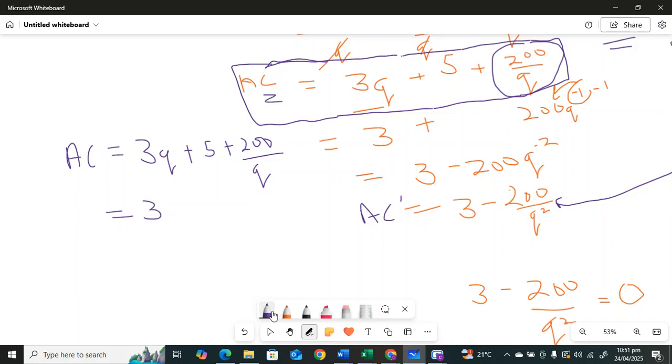So we substitute q with 8. 3 times 8, 24, plus 5. 200 divided by 8, what do we get?